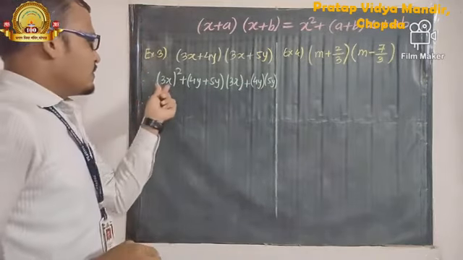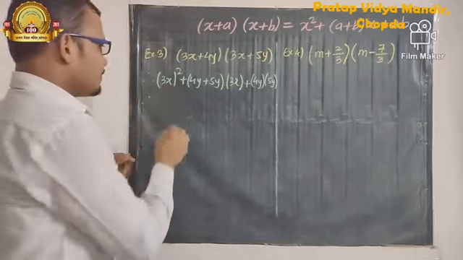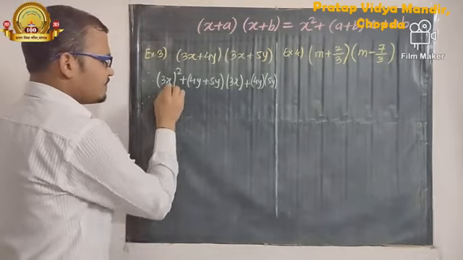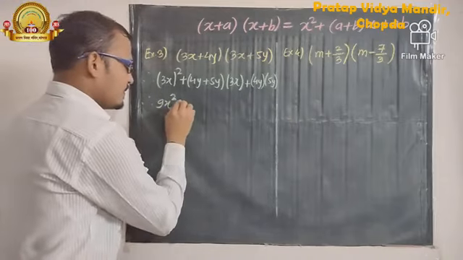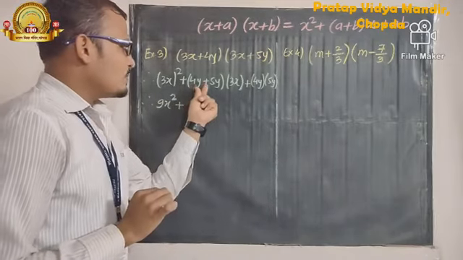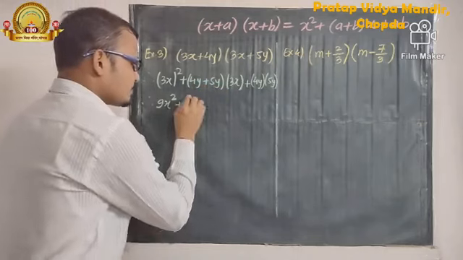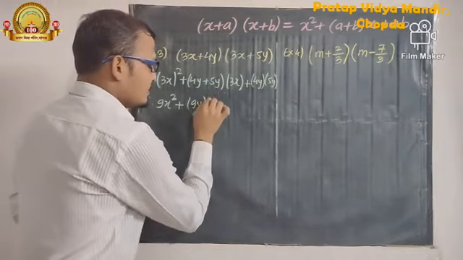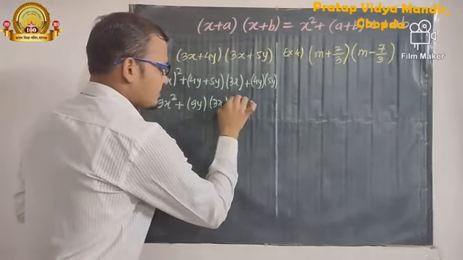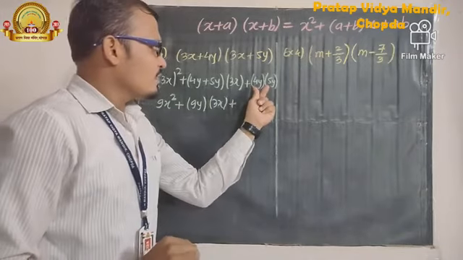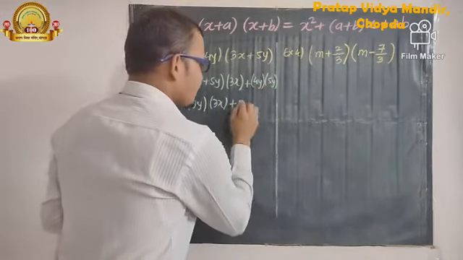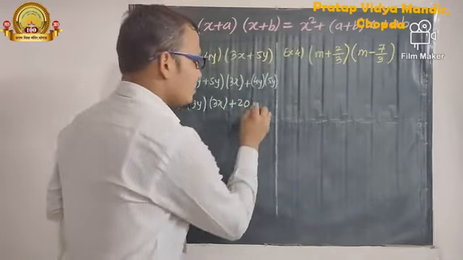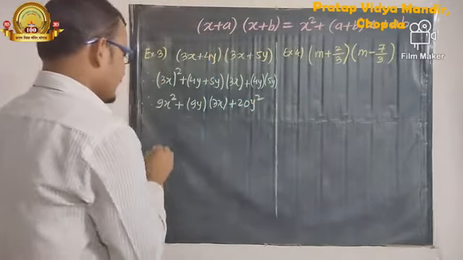Therefore, what is square of 3x? Square of 3 is 9. Square of x is x square. So 9x square plus 4y plus 5y means 9y into 3x as it is, plus 4y into 5y means 4 into 5, 20, y into y square.